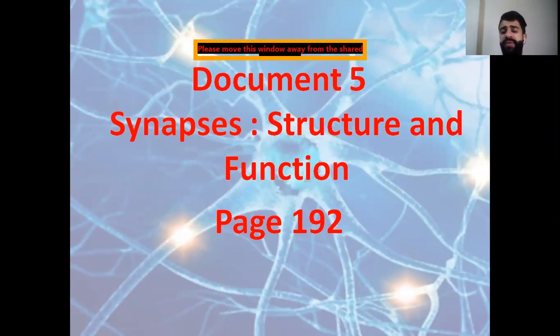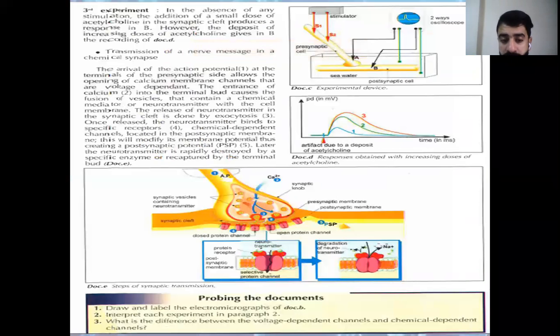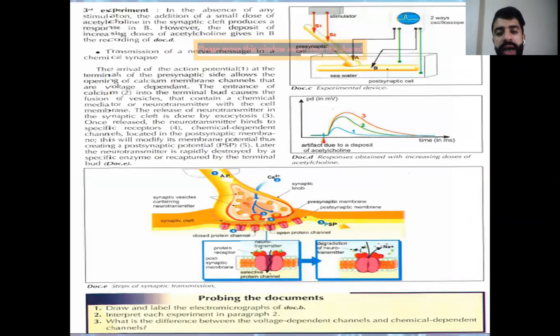Moving to document 5, when we talk about the synapse, the structure and the function, we said we have different types of synapses. Either they are excitatory synapses that will lead finally to the excitatory postsynaptic potential, EPSP, or inhibitory synapses that lead to inhibition at the level of the postsynaptic terminal. We said that we have an action potential.